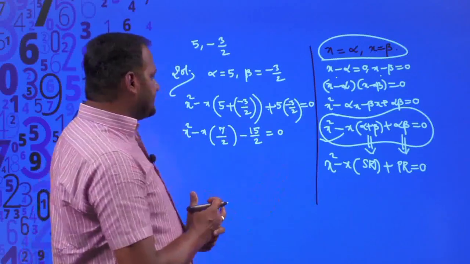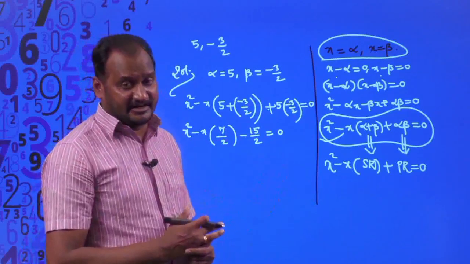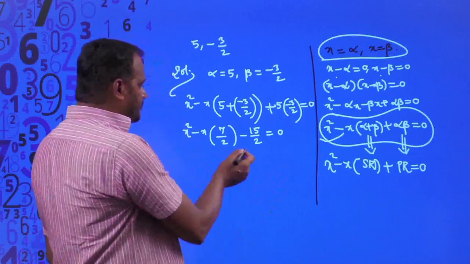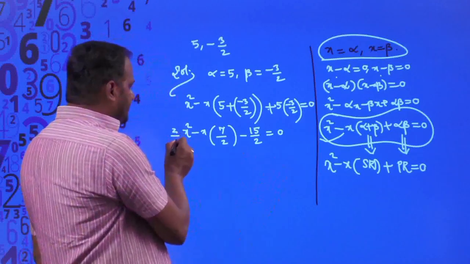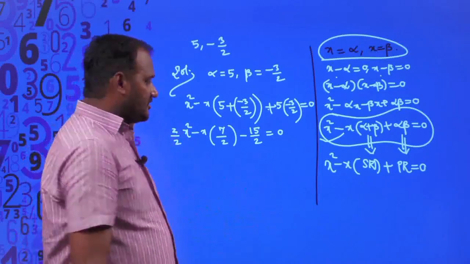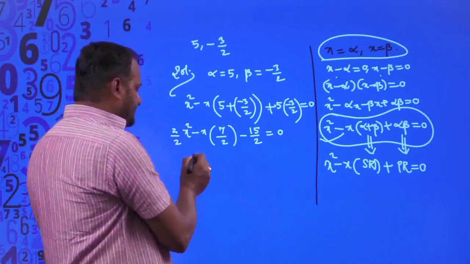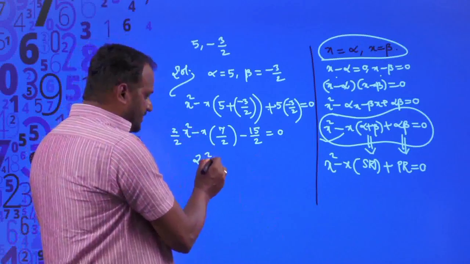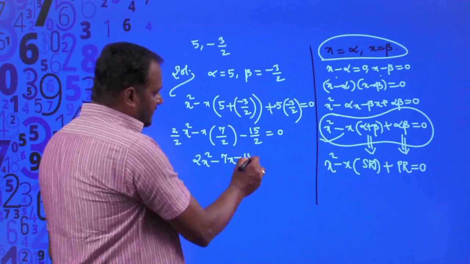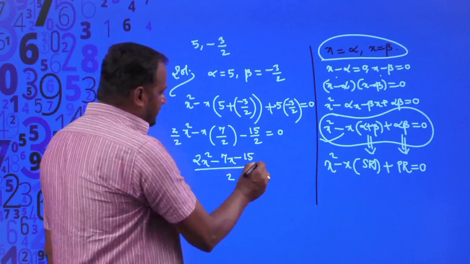If you don't want these fractions in the quadratic equation, then better take the LCM. The LCM is going to be 2, so you write 2 divided by 2. That's it. So in every single denominator you have 2. So you can write directly 2x square minus 7x minus 15, whole divided by 2, is equal to 0.